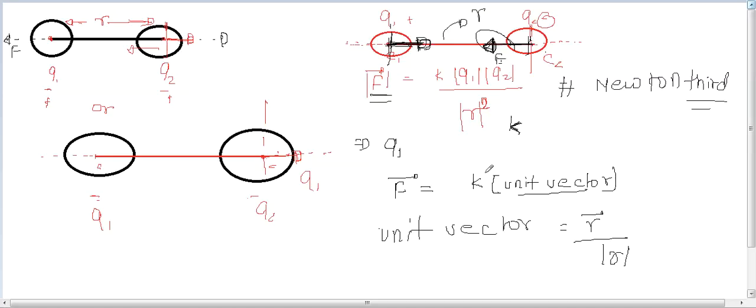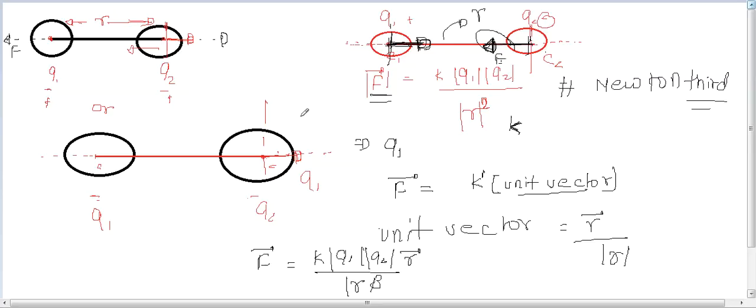Let me write k, which is k q1 mod q2 mod. So vector F will be k mod q1 mod q2 by mod r cubed times vector r. So this is the vectorial representation of the force.